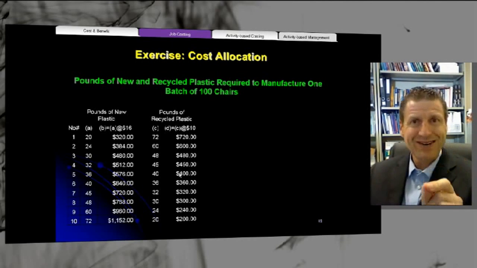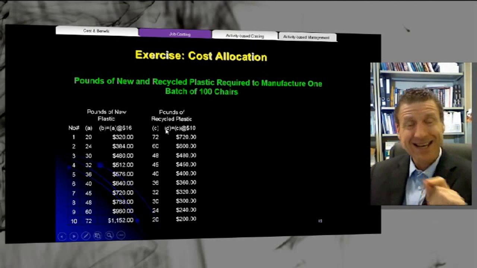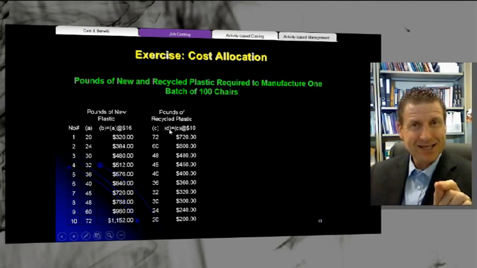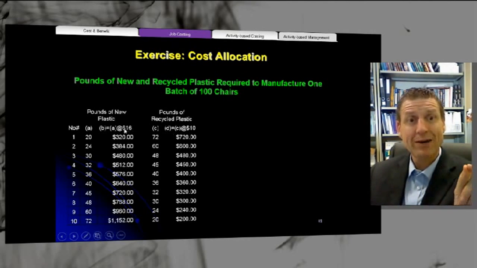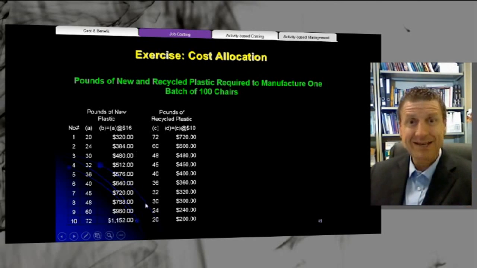Of course, you know the answer. You would work with recycled plastic. Yes. Okay, but that's not the decision point at the moment. The decision point is we've got to combine some new with some recycled, and you have 10 different choices. So let's get to the good stuff, shall we?